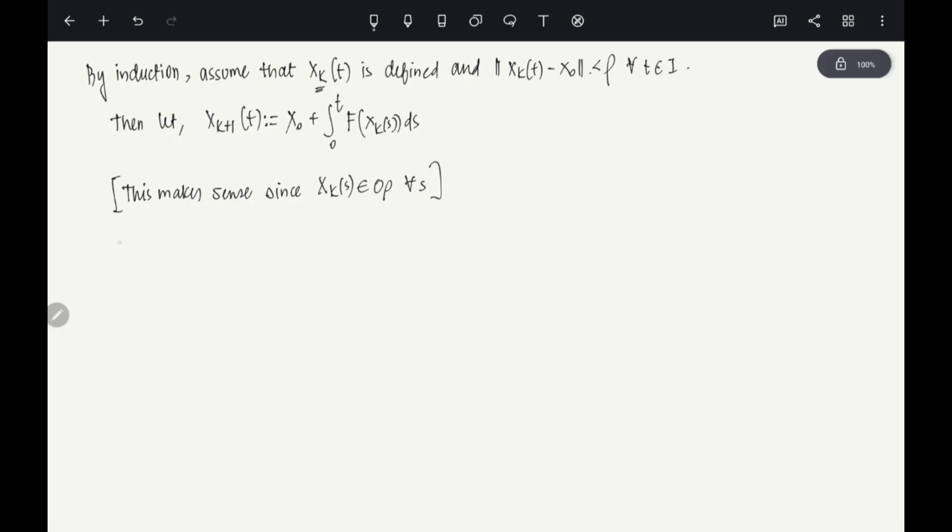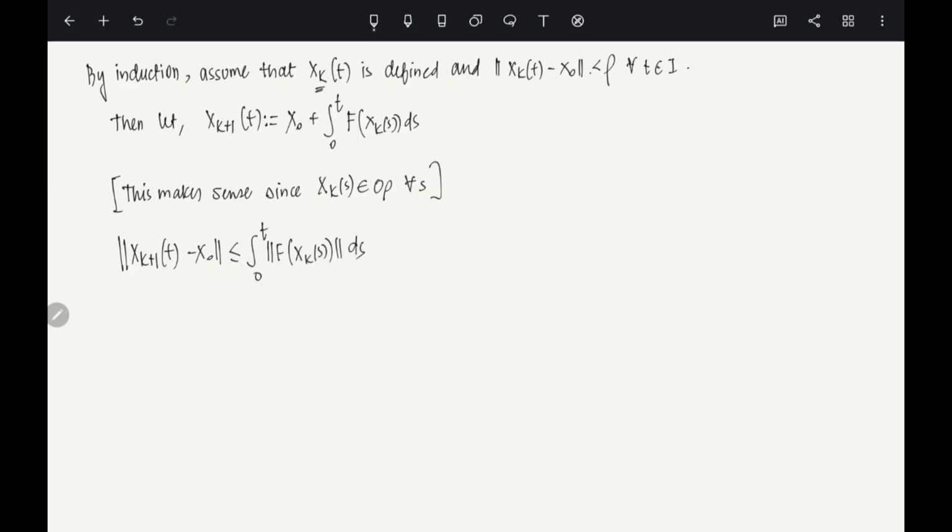Now if you take the norm of xk plus 1 of t minus x naught, this is always dominated by the integral from 0 to t of the norm of f of xk of s ds.